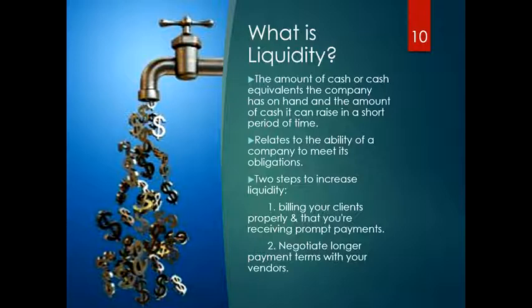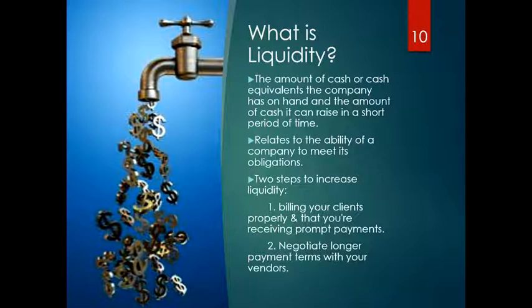So bila you dapat prompt payment, you punya account receivable tu liquid lah, boleh terus di-convert kepada cash. Second, negotiate longer payment terms with your vendors. Bila you negotiate, maksudnya you nak bayar another 5 months, so macam you boleh pegang you punya liquid asset, cash tu lama.